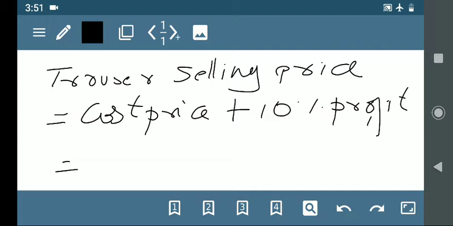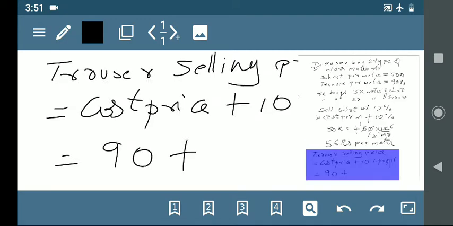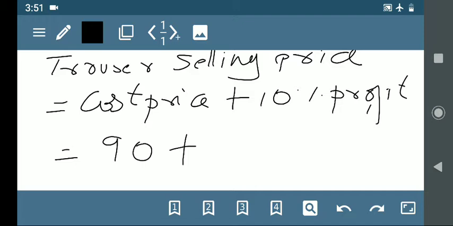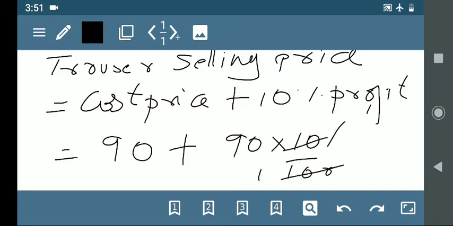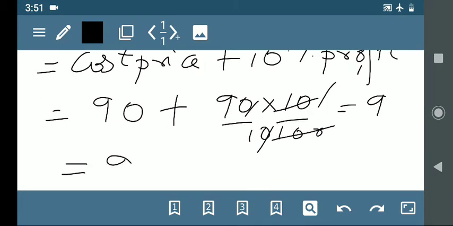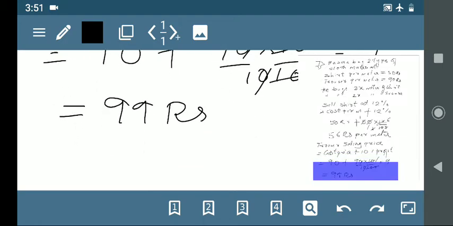The cost price is 90 rupees per meter. So it is 90 plus 10%, in the sense 10% of 90. 90 into 10 divided by 100. 0 0 cancel. 9 by 1 is equal to 9. That is, the selling cost per meter of pant is 99 rupees.